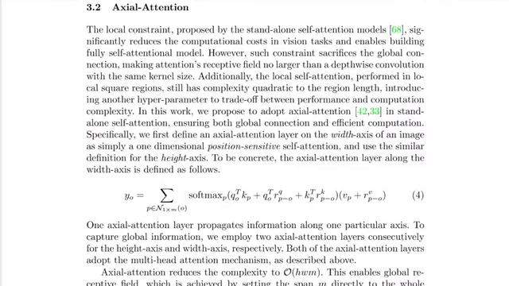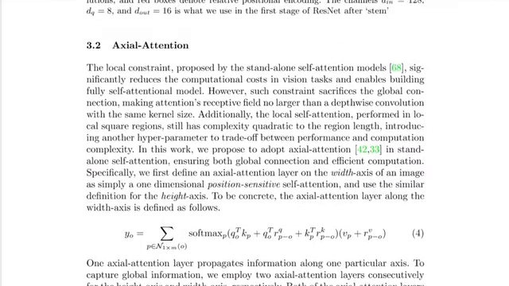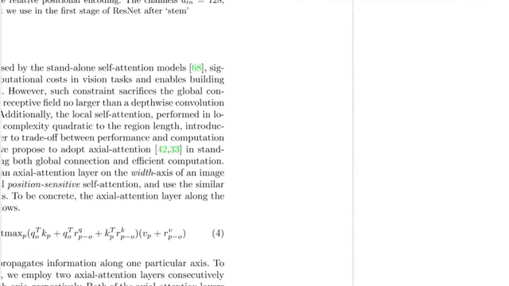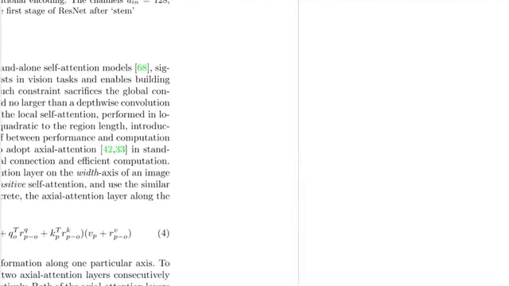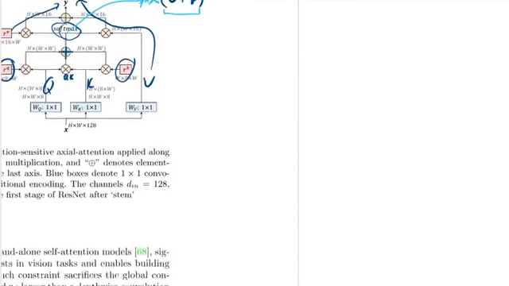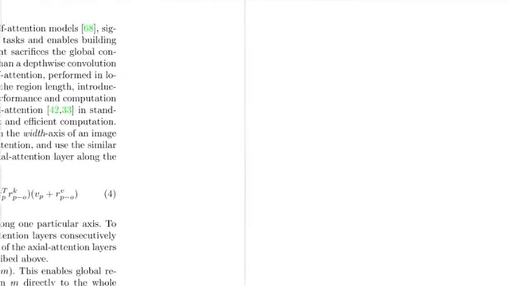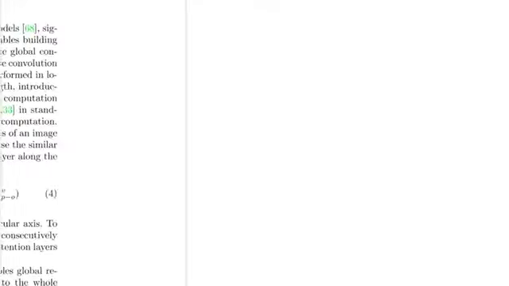The second thing they do is this so-called axial attention. Now, axial attention is sort of, let's say, a trick in order to reduce the load on an attention mechanism. So, what does it mean? We've already seen in sequences, right? If I have a sequence layer, that's going to be n squared connections.